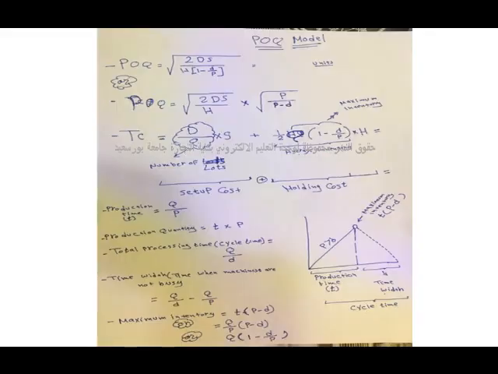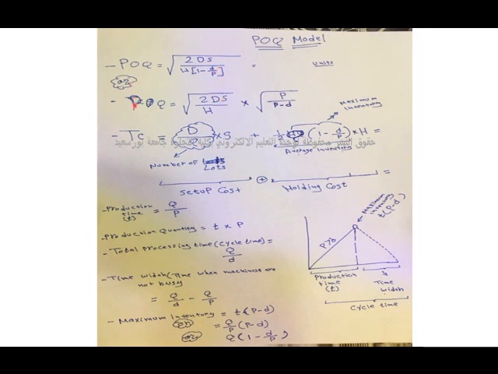Some rules you should keep in mind to calculate POQ and other indicators for this model. POQ equals the square root of 2DS over H times 1 minus D over B, where B is production per day and D is demand per day or use per day.